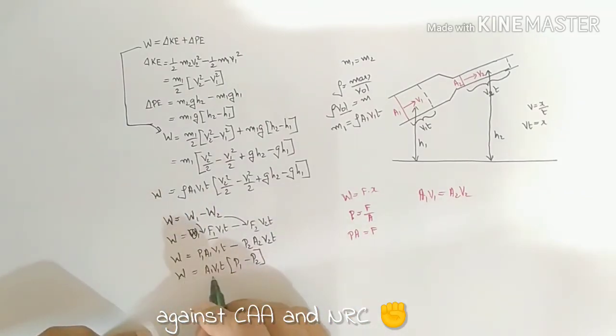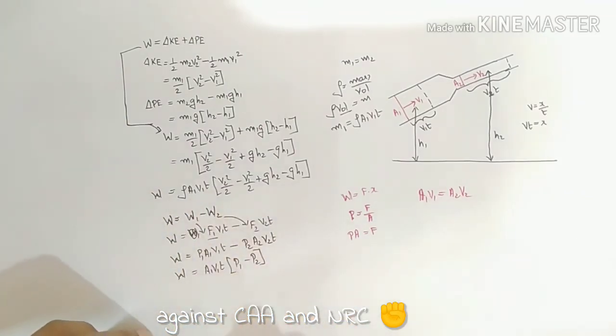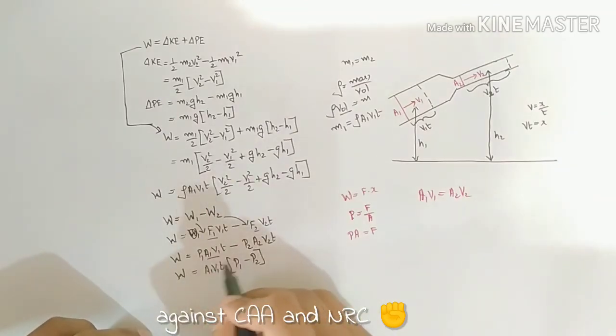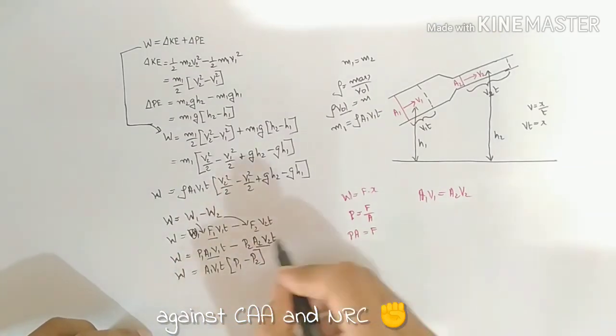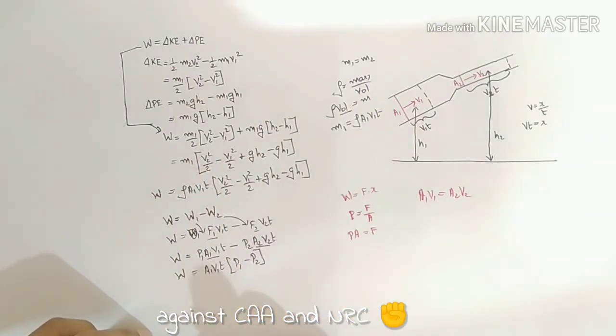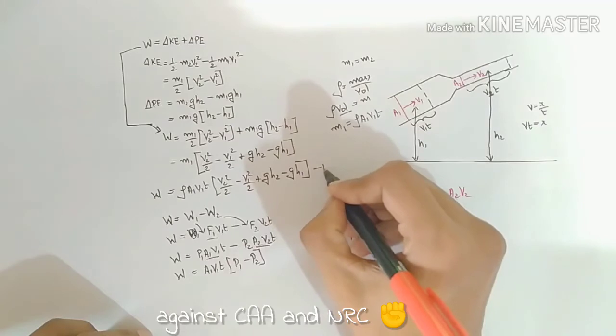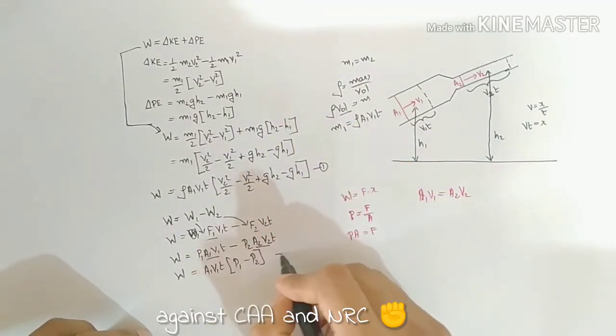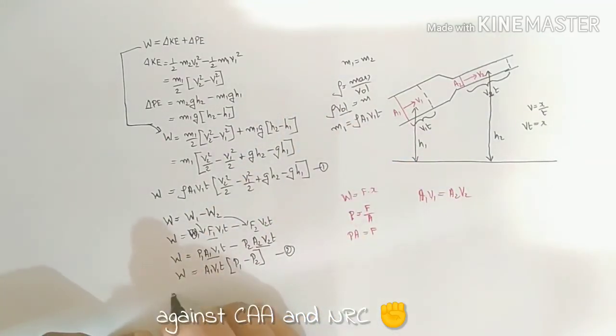W is equal to A1 V1 T into P1 minus P2. Why? Because A1 V1 is equal to A2 V2. T is already the same. Then let's take this equation as equation number 1 and this as equation number 2.